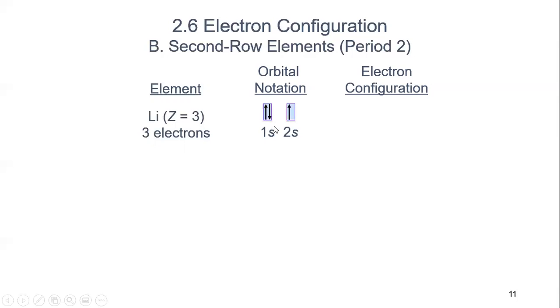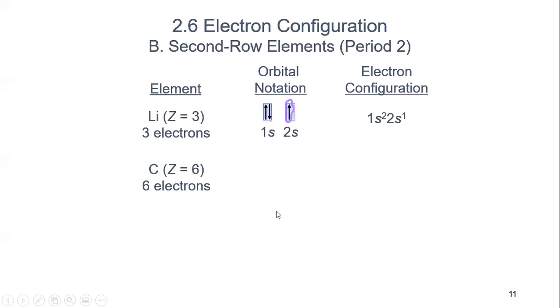So we put 2 electrons in the 1s orbital, then we move to the next energy level and put 1 more electron into the 2s orbital. And it's because of this 1 lone electron that lithium, as we'll see in our next lecture on ionic naming compounds, likes to have a +1 charge. And the electron configuration would be 1s2, 2s1.